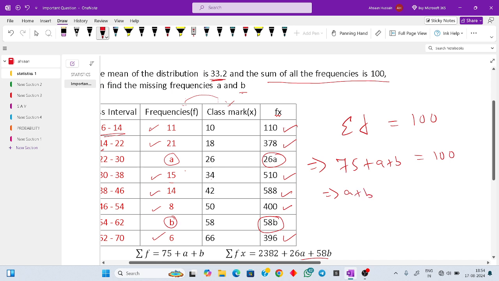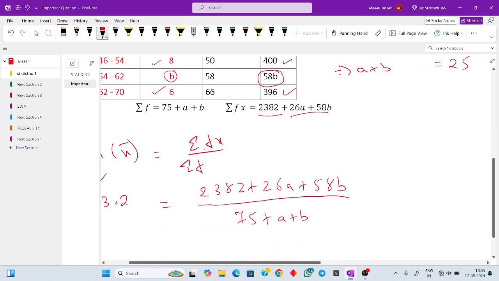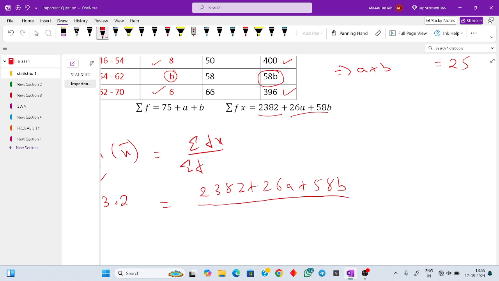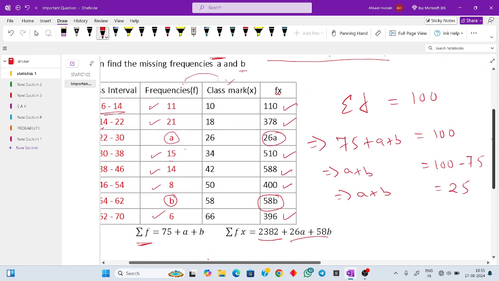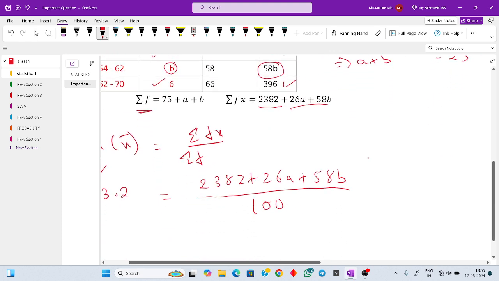So a plus b will be 100 minus 75. So a plus b will be 25, right? So here in place of 75 plus a plus b, that is the value of summation f. So summation f is 75 plus a plus b, and summation f is also 100. So instead of writing 75 plus a plus b, we'll write here 100.